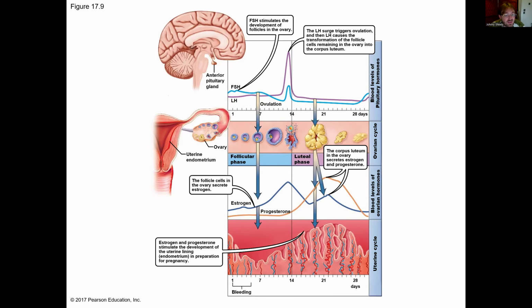So these are going to be conveying the same data, but it's also going to be showing what organs these hormones are generated from. So FSH stimulates the development of follicles in the ovary. That's produced from our anterior pituitary. LH surge triggers ovulation, transforms the follicle into the corpus luteum. There you go.